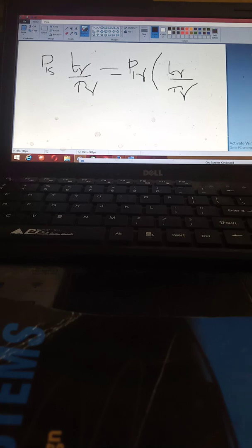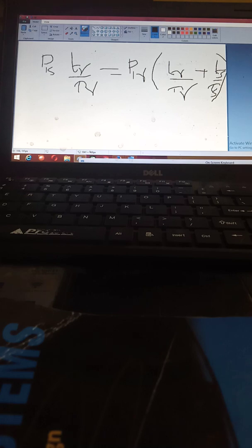Now I will do the cross multiplication. So P1S into TR by tau R is P1R into bracket TR by tau R plus TS by tau S. I hope you understood.